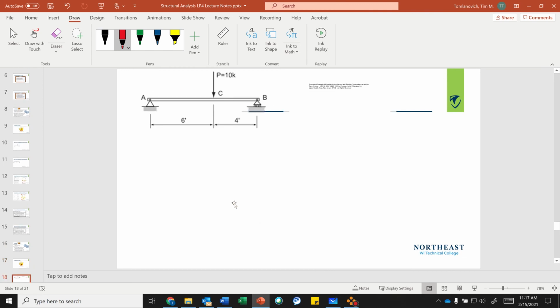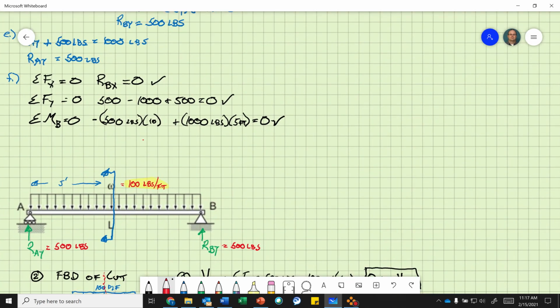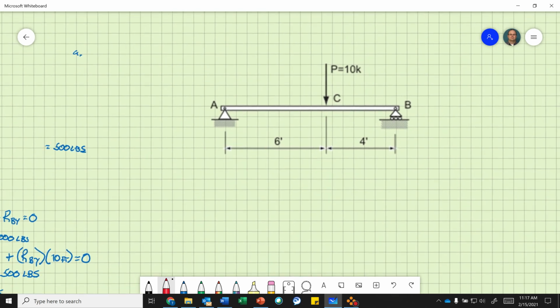All right, back to our example. So I'm going back to that same example. All right, so I'm going to go back to my whiteboard. All right, so here we go.